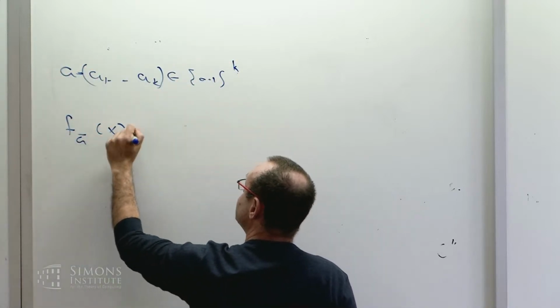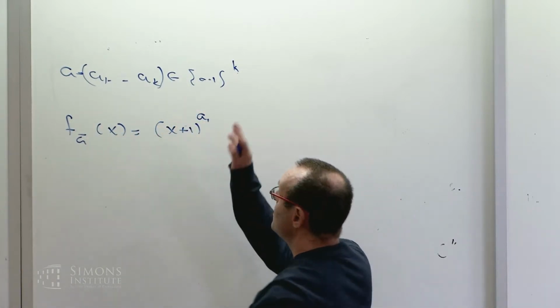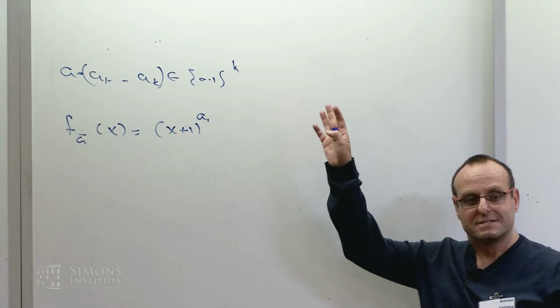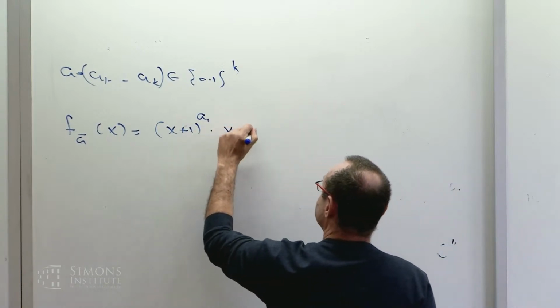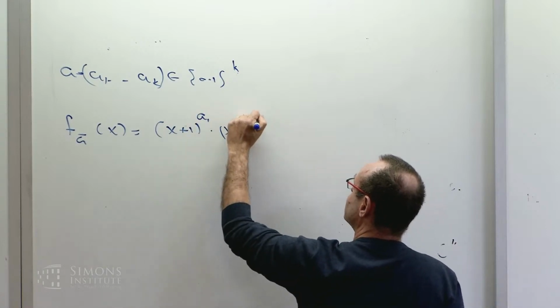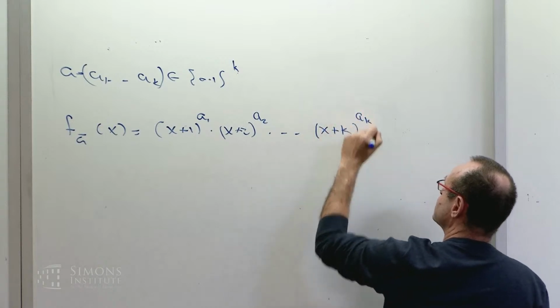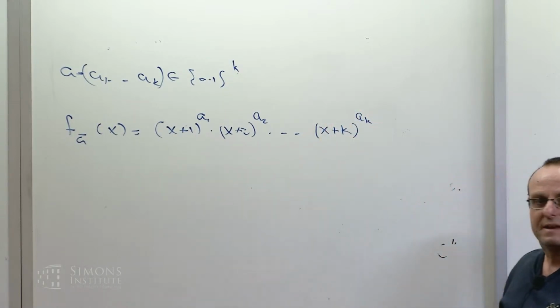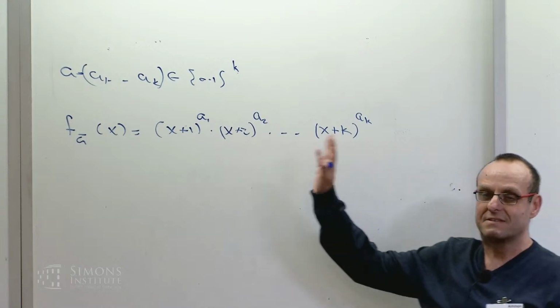The polynomial is (x plus 1) raised to the power of a1. a1 is either 0 or 1, it's either you take it or not, and then you multiply by (x plus 2) to the power of a2. There is no significance to the 1 and 2, you just need distinct elements, and then (x plus k) to the power of ak. The only important thing about this polynomial is that it's square free.